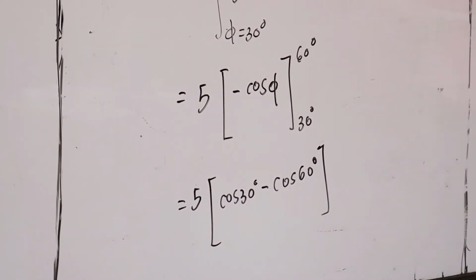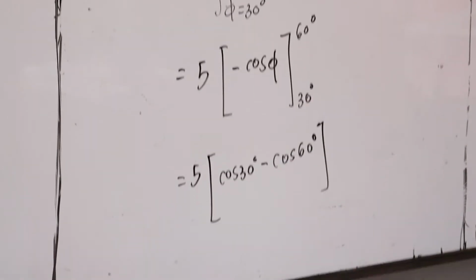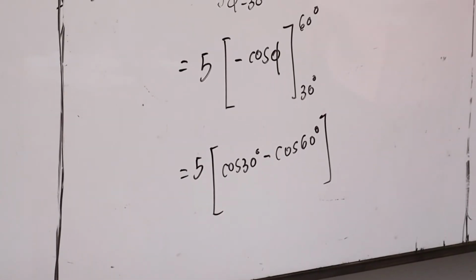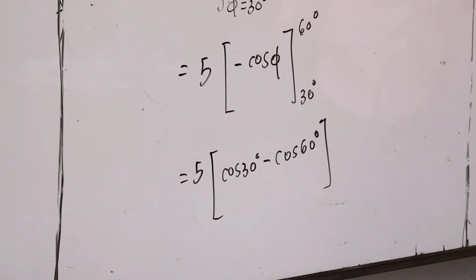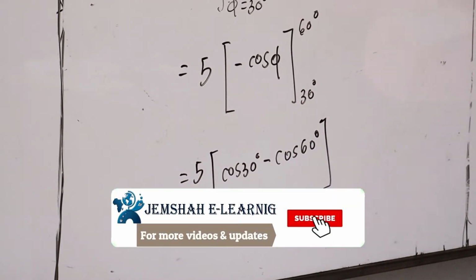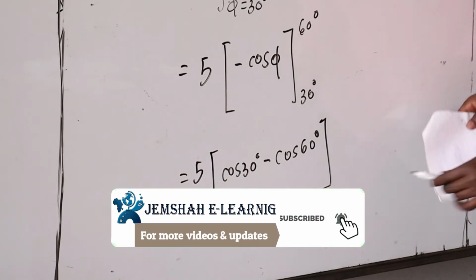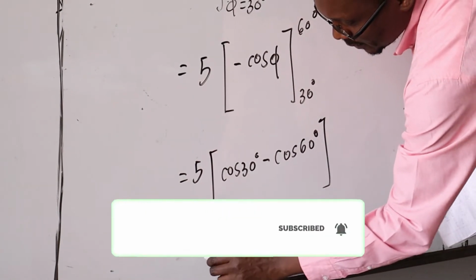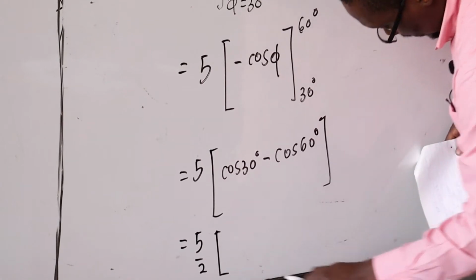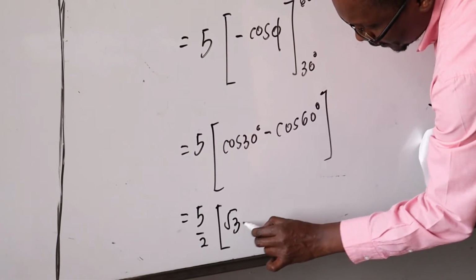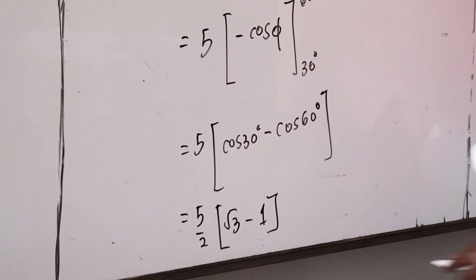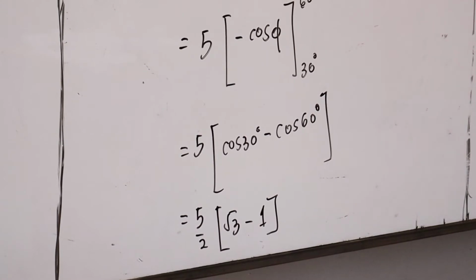And if you finish up that value, we are going to have our answer as 5/2 into the root of 3 minus 1.